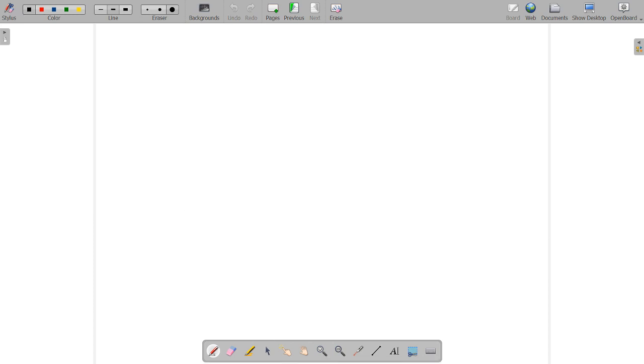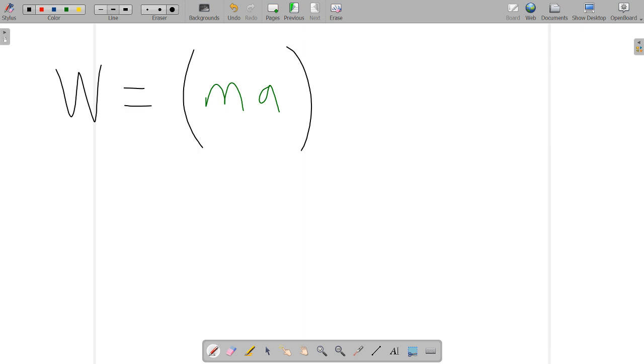So work done is equal to force, which is mass times acceleration, multiplied by displacement. And we just said what displacement equals.